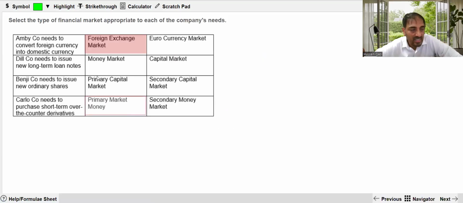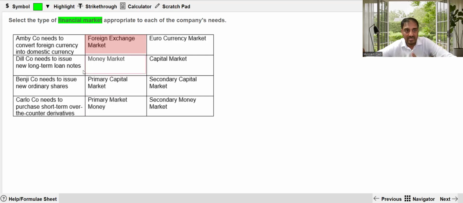Once again, select the type of financial market appropriate to each of the company's needs. Sir, this is also something about financial management function and environment. That's financial market.